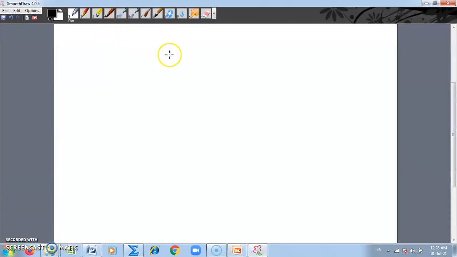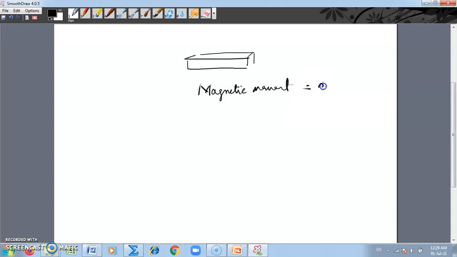When we talk about a magnet, we know that a magnet has a quantity called magnetic moment associated with it. And what is magnetic moment? Magnetic moment is equal to the pole strength multiplied by the length of the magnet, and this quantity is called the magnetic moment.